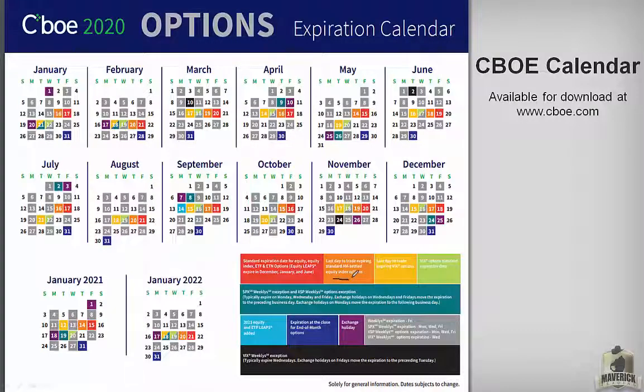Then you have last day to trade expiring standard AM settled equity index options. So this is the last day you can trade those that settle based on Friday open. So see how it puts them in orange? Here's your last day to trade those SPX index options, for example, because the settlement is Friday's open. Last day to trade the VIX.